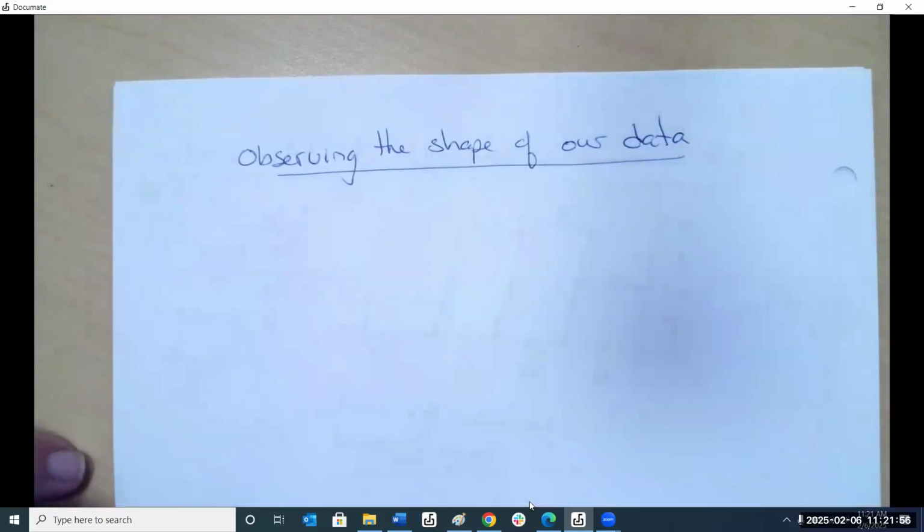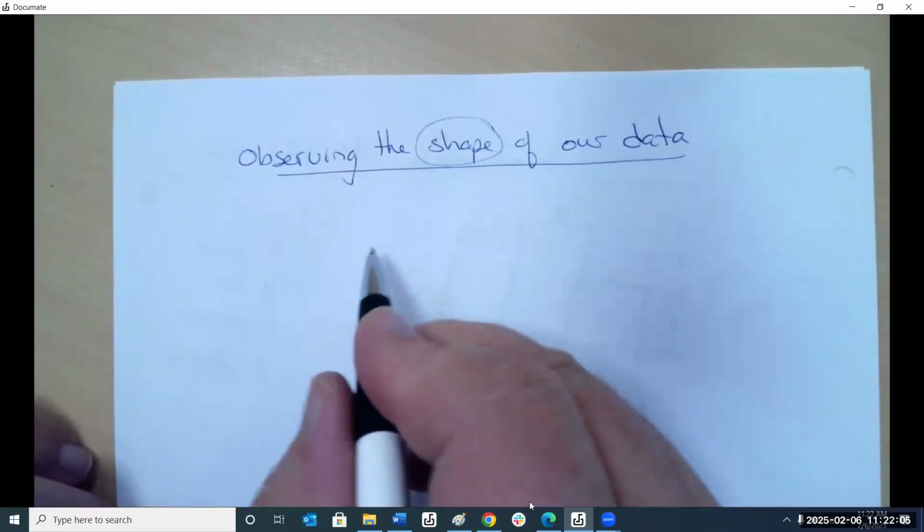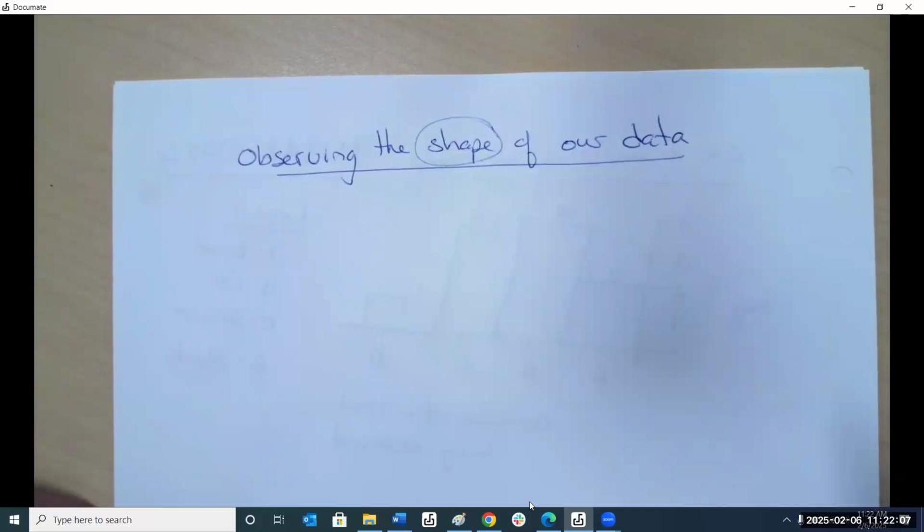Observing the shape of our data. We can't do anything just by the numbers themselves. We have to put it in a picture. So when we look at the shape, we look at our graph, our histogram.